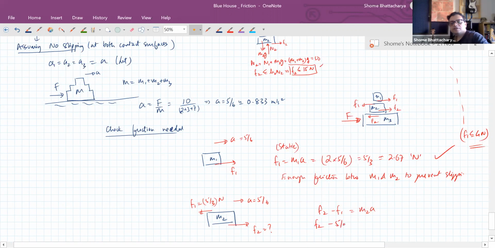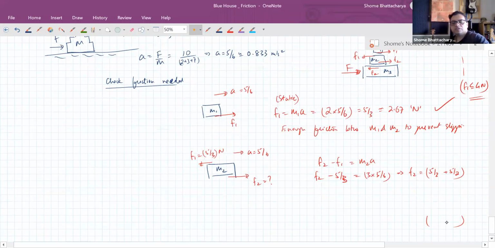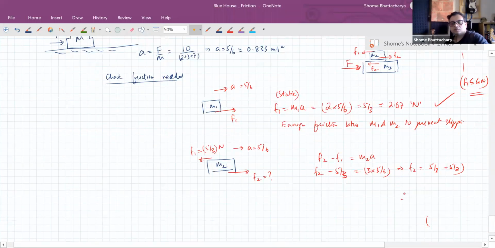So F2 minus 5 by 3 should be equal to M2, which is 3 kg, into this common acceleration 5 by 6. So F2 needs to be 5 by 3 plus 5 by 2. So the amount of friction needed here is 25 by 6.